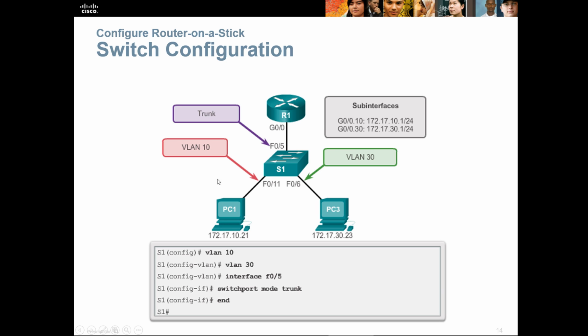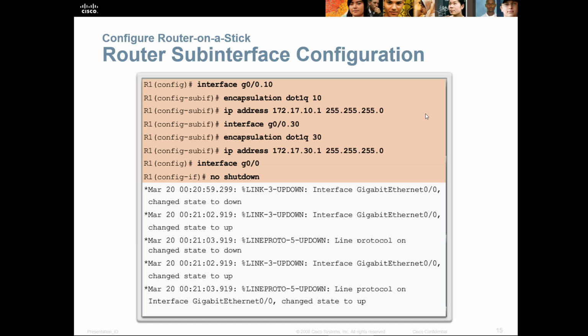On the switch, all you'd have to do is configure the switch port for that connection to be a trunk. That's it. On the router side, you'd have to set the sub-interfaces correctly, assign an IP address, and encapsulate it.